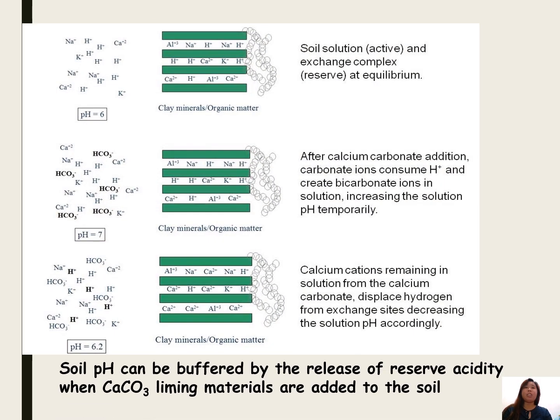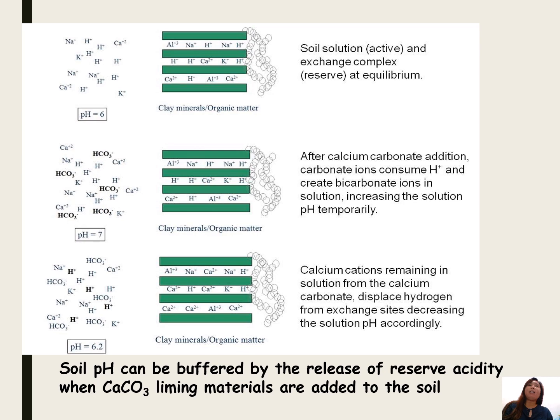Now, soil pH can be buffered by the release of reserve acidity when calcium carbonate liming materials are added to the soil. For example, the active acidity or the soil pH is 6. You can also notice the soil solution having these cations, the sodium, potassium, and hydrogen ions, here in the first figure.